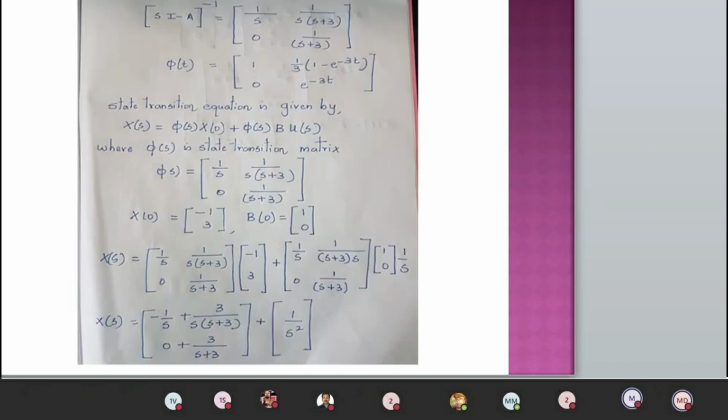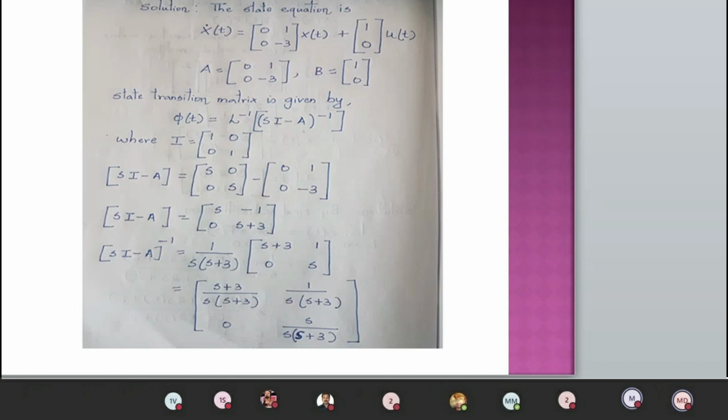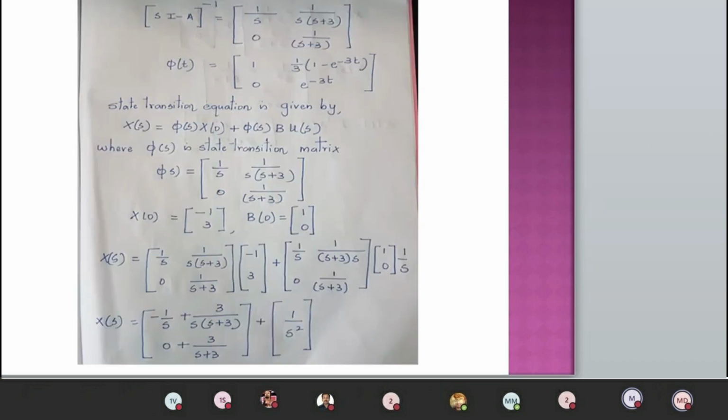Now you are supposed to take the Laplace inverse. What is Laplace inverse of 1 by s? It is 1. What is Laplace inverse of 1 by s into (s+3)? It is 1 by 3 into (1 minus e power minus 3t), because here I took 3 as common.